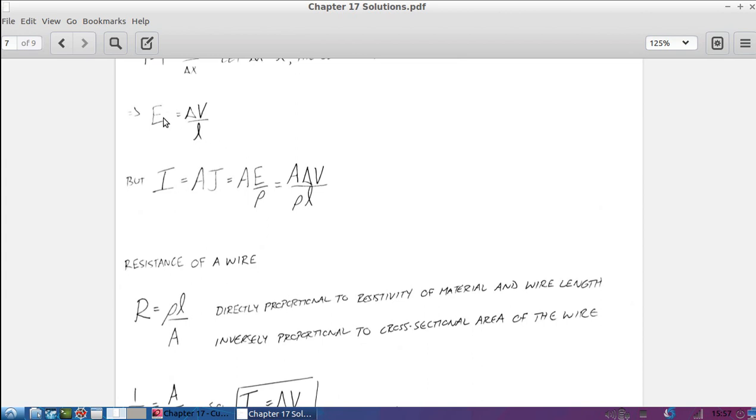But the electric field is the potential difference divided by the length of the wire. So I'm substituting delta V over L in for E. So I've got this, it's kind of messy so far, but I've got an expression for the current. Now we see that the current is proportional to the area, proportional to the voltage applied, right?